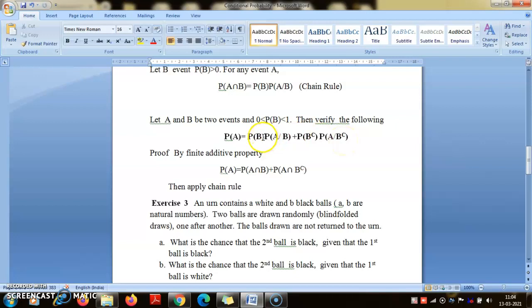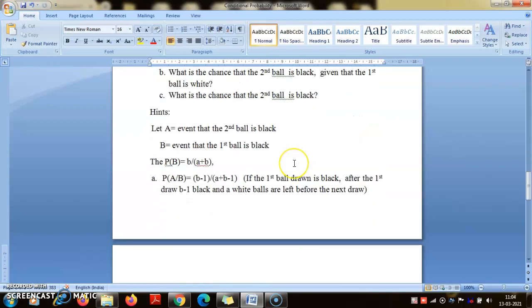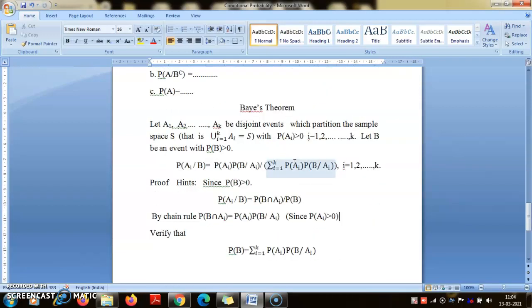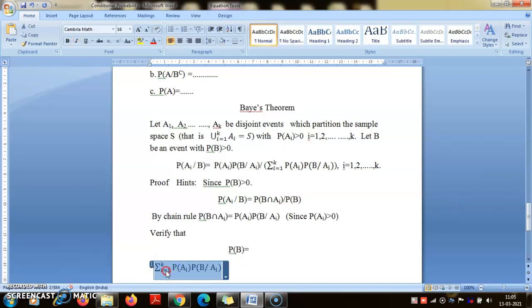Now you can think of B and B complement as our A1 and A2. So now instead of 2 I have got A1, A2, ..., Ak, they are disjoint and together they make up S. You have to convince yourself that the probability of B is actually equal to the sum, and then the proof is complete. Only one part I am leaving for you.